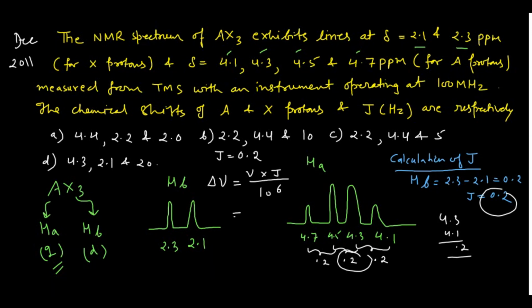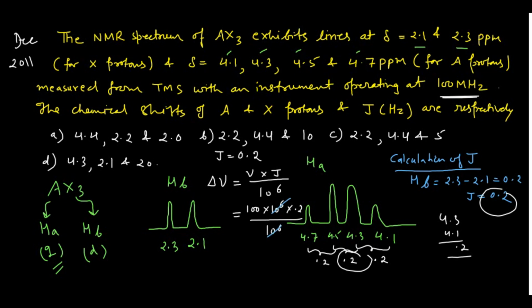Nu is given to you, that means the instrument frequency, that is 100 megahertz. So you write 100 megahertz, and you need to convert that megahertz into hertz, so you write 10 raised to the power 6. The J value you have calculated as 0.2, so you write 0.2 here, divided by 10 raised to the power 6.